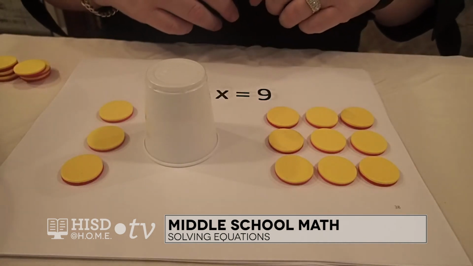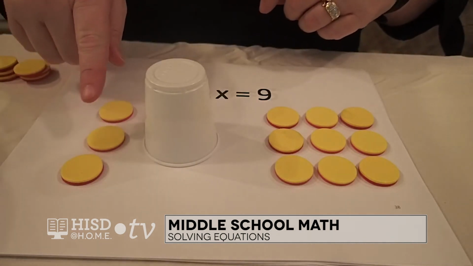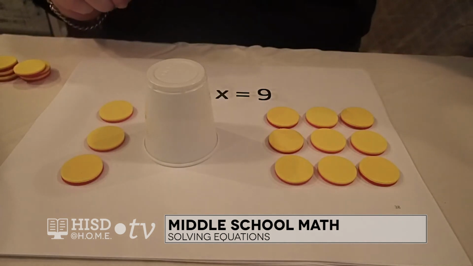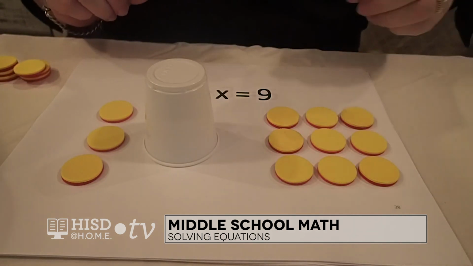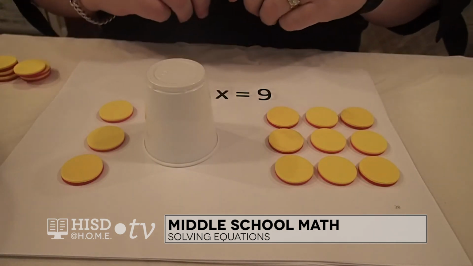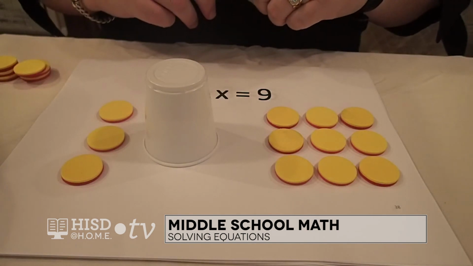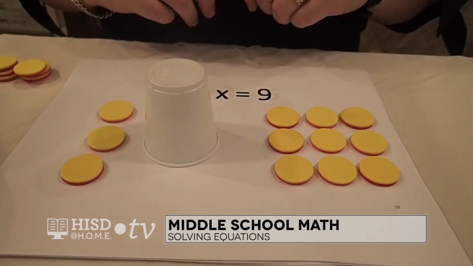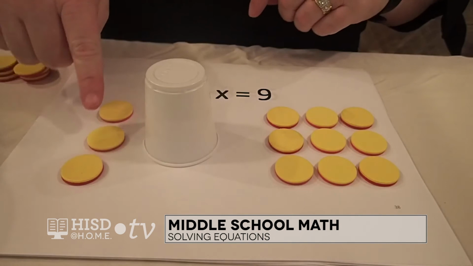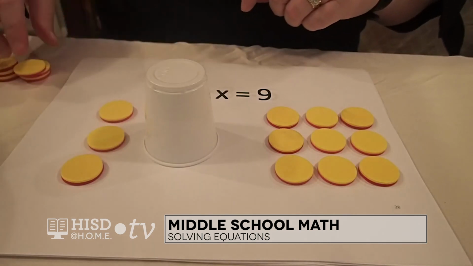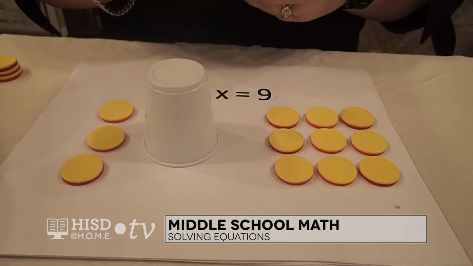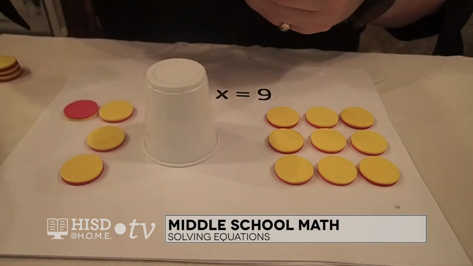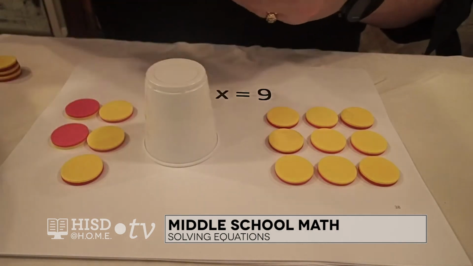So how can I get rid of a positive 3? Oh, I'm going to give you a hint. Do you remember that one of the things that we reviewed today was called a 0 pair? How can I form a 0 pair if I have positive 3? That's right. I would put in negative 3.